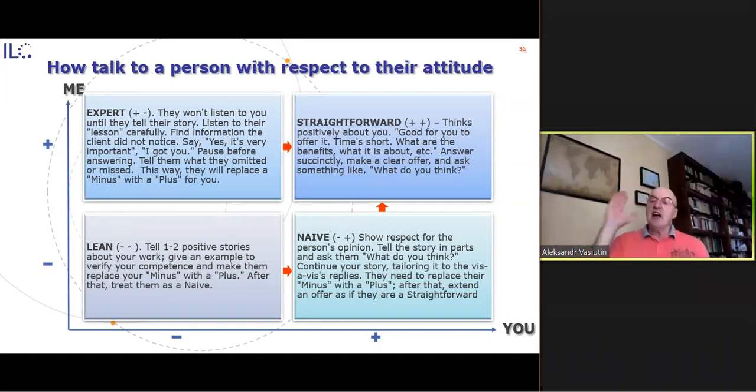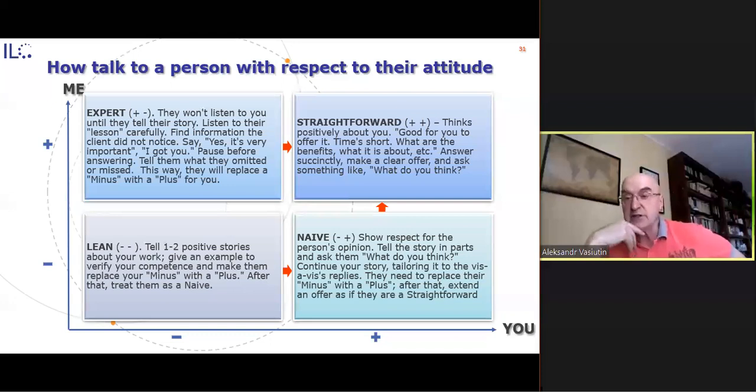And how to work with the lean, with the economical one, with the reserved one, as he doesn't believe himself and us, and give him some positive experiences. You tell them by giving an example. So this guy tried it, then refused, and after refusing, after seeing his friend using it, so he tried it again. Then you give another evidence so that you get a plus from him.